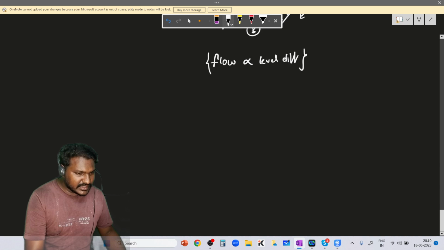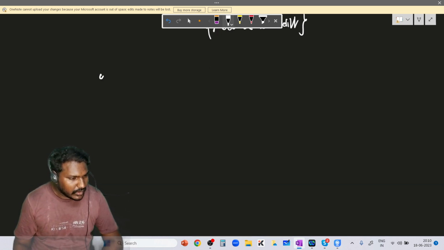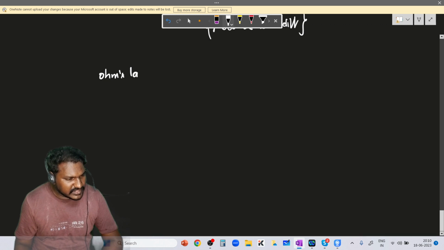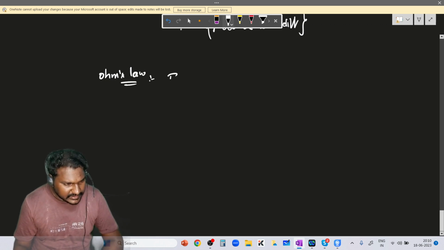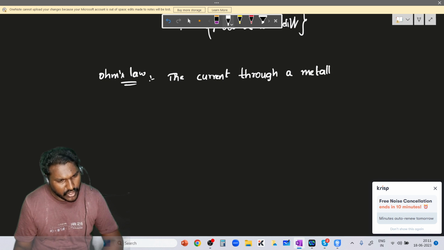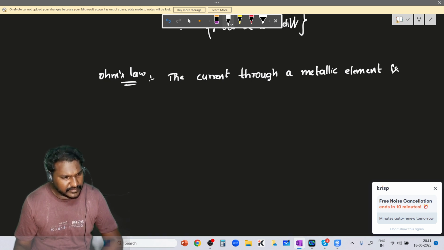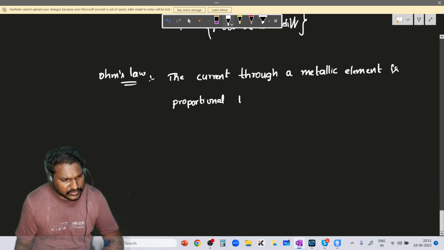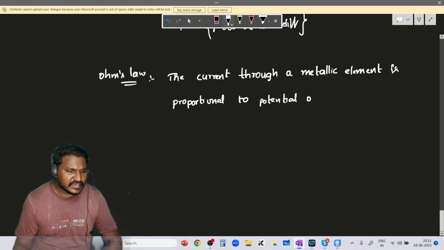Let me write the clear definition of Ohm's law. Ohm's law states that the current through a metallic element or any object is proportional to the potential difference between its ends.